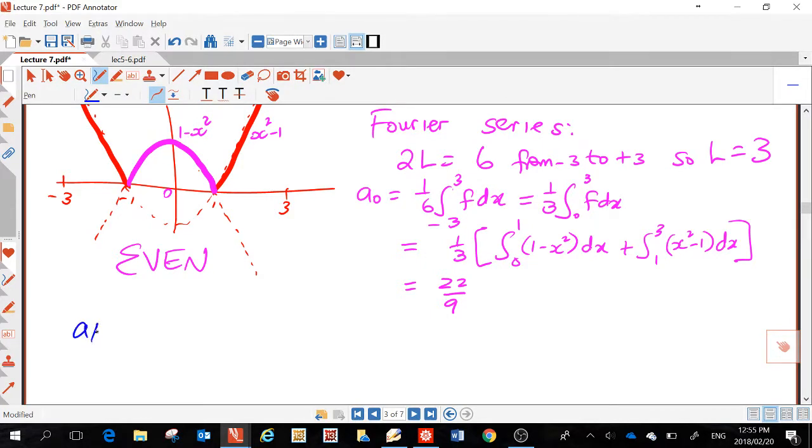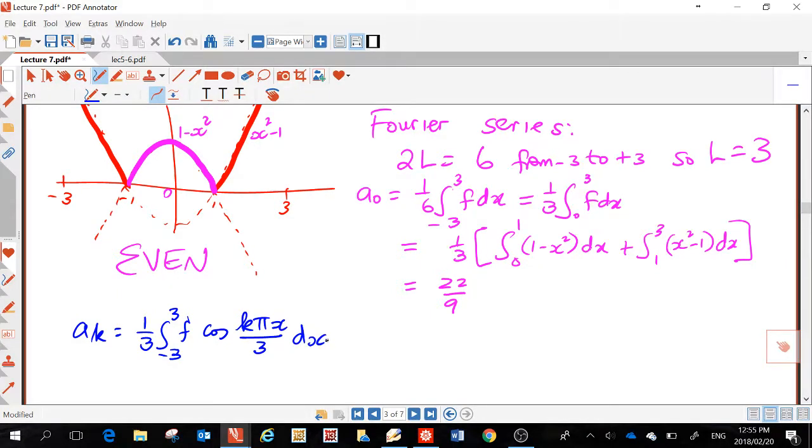So if you work out ak, the formula there was 1 over L, so it's 1 over 3, integral from minus 3 to plus 3 of f cos k pi x over 3 dx. 2L was 6, L is 3. K pi x over 3, that's the new thing here.